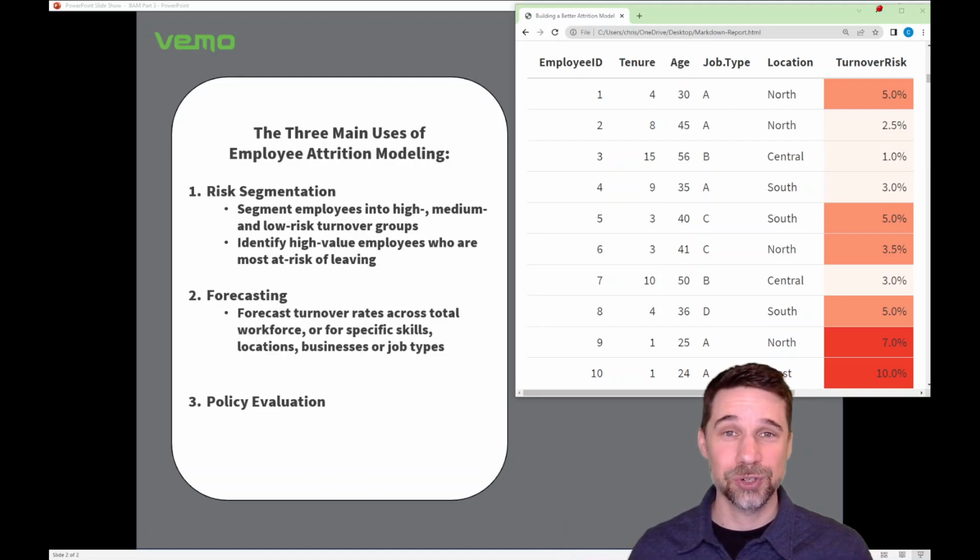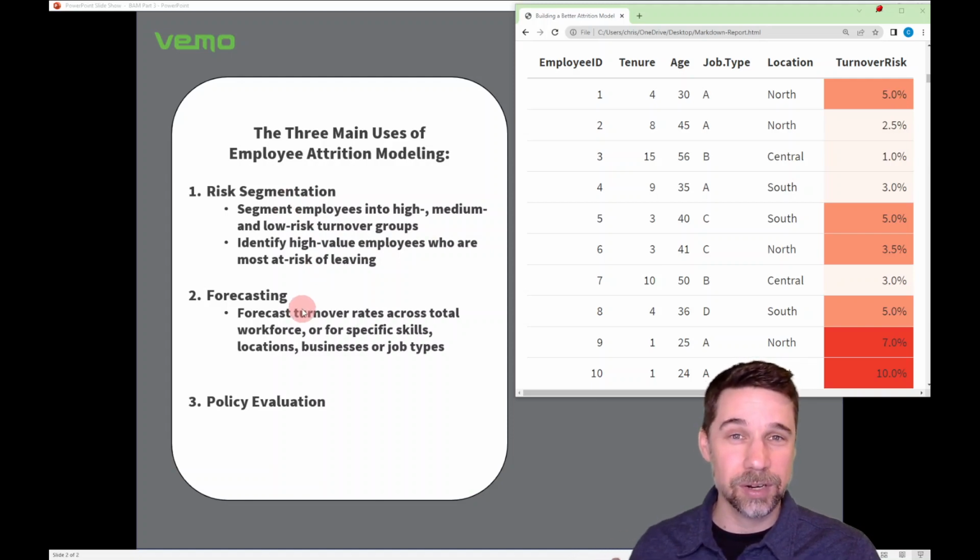Now, just to return to what I hope will be one of the main takeaways of this whole video series, from what I've seen in the field, the priority in attrition modeling for most organizations is forecasting. This is the application most organizations are looking to use these models for. But because of the way that predictive modeling is generally taught, models are being built and tested for risk segmentation without a focus on making sure that the forecasts are accurate.